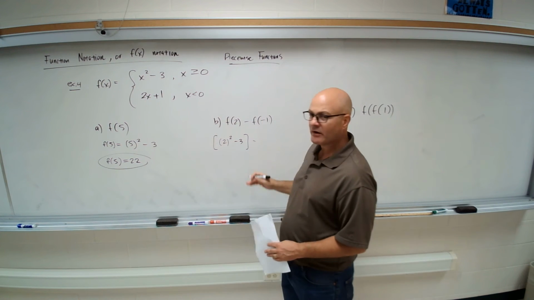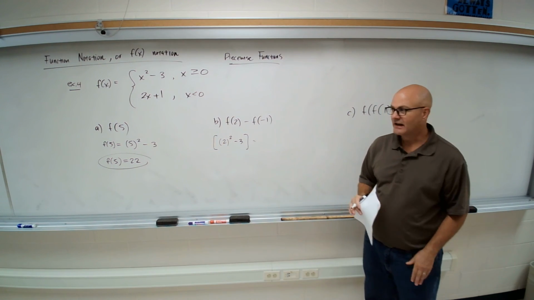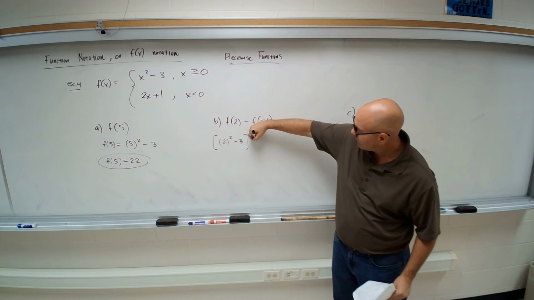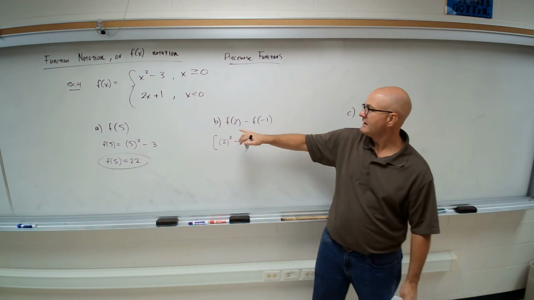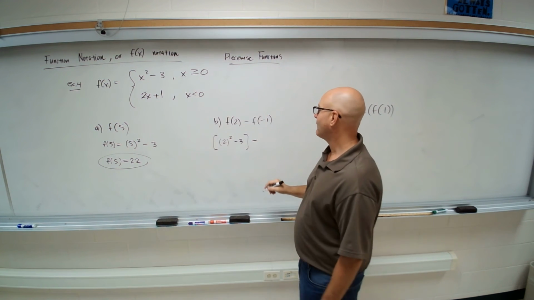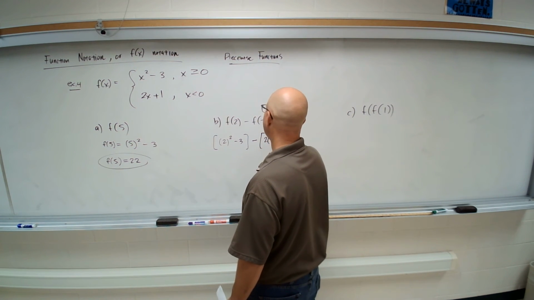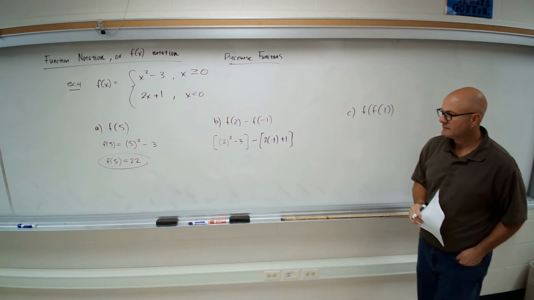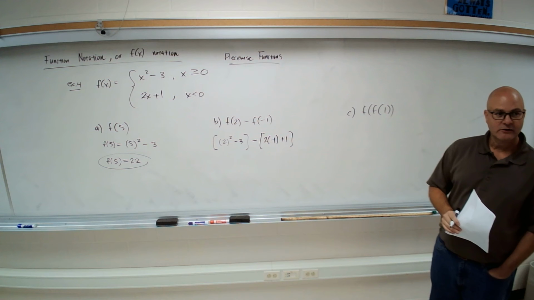I just keep it all in a bracket there, just as an organizational idea. And then f of negative 1, well, negative 1 is less than 0. So that will be bracket 2 times negative 1 plus 1. Everything look okay so far?